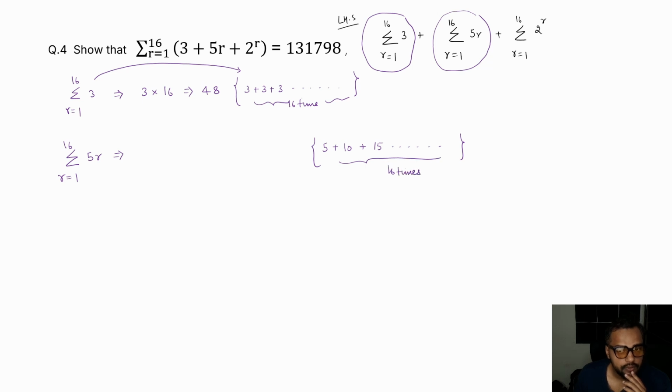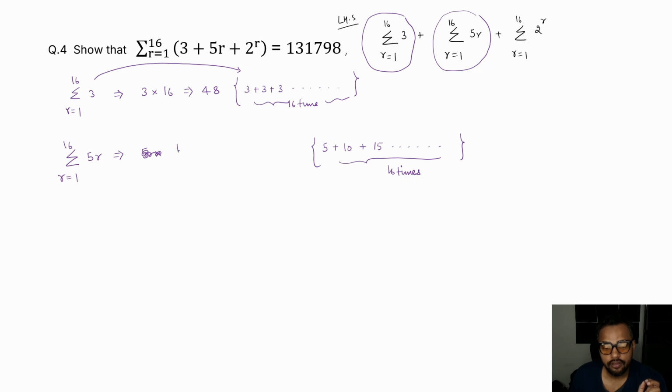How did I get the values 5, 10 and 15? We are plugging r equals 1, r equals 2, r equals 3, and so on. So we know we have already derived this formula: the sum of n terms of an AP is given by n by 2 cross (a plus L).